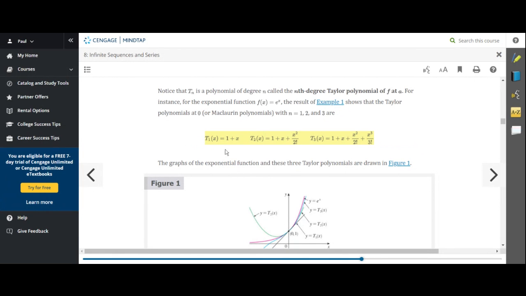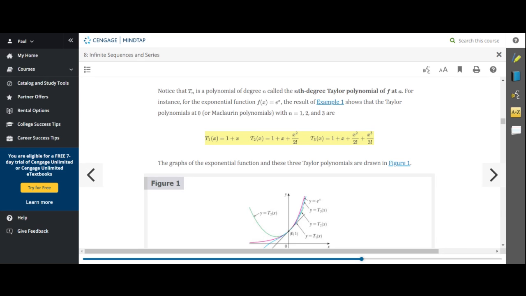Okay, so the first degree Taylor polynomial, T sub 1 of x, is 1 plus x. Those are the first two terms of the power series for the exponential function e to the x. T sub 2 of x is the second degree Taylor polynomial. That's 1 plus x plus x squared over 2 factorial.